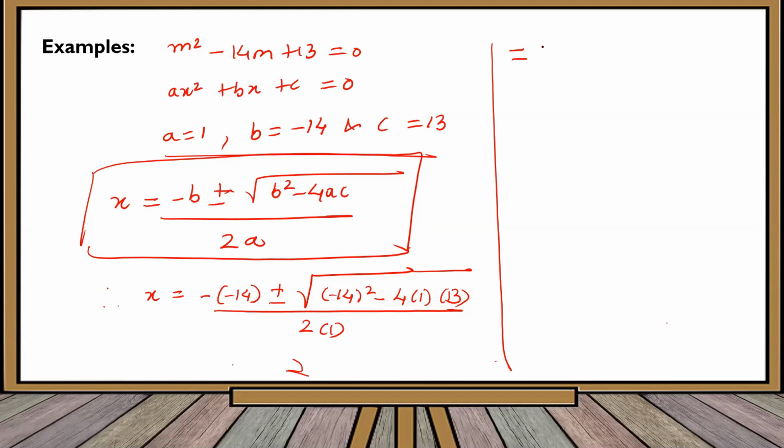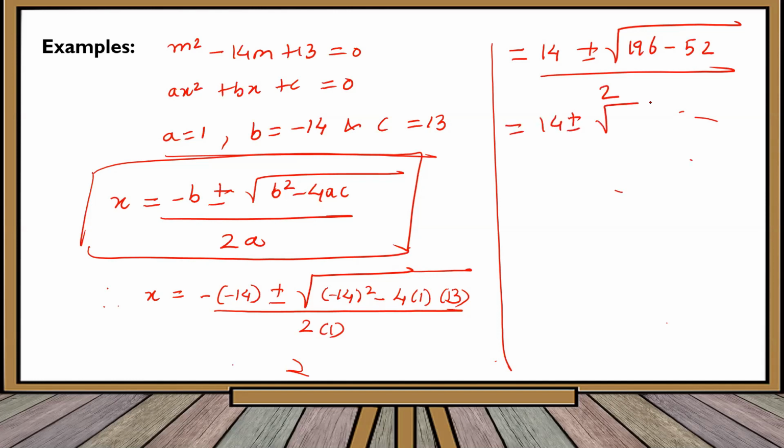So minus into minus 14 will be plus 14 plus minus root of 196 minus 52, whole upon 2. So this is basically 14 plus minus root 144, entire thing divided by 2. What is root 144? Root 144 is 12. So it will be 14 plus minus 12 whole upon 2.